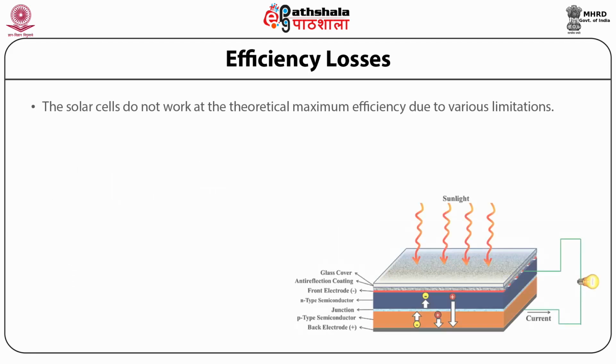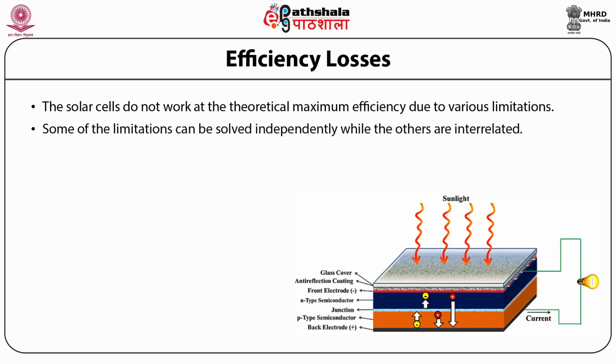Thus, the solar cells do not work at their theoretical maximum efficiency due to various limitations. Some of the limitations can be solved independently, while the others are interrelated.